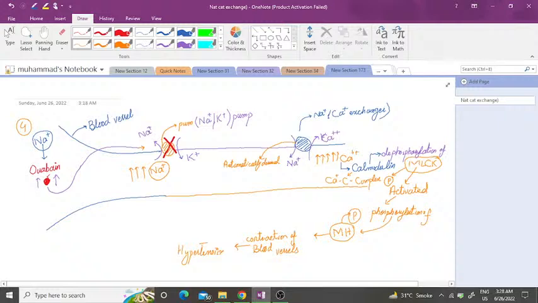When it is activated, because of the phosphorylation of the myosin head, persistent phosphorylation results in contraction of the blood vessel for a longer period of time, and in this way hypertension happens. So these were the four cellular mechanisms of how sodium is going to cause hypertension.